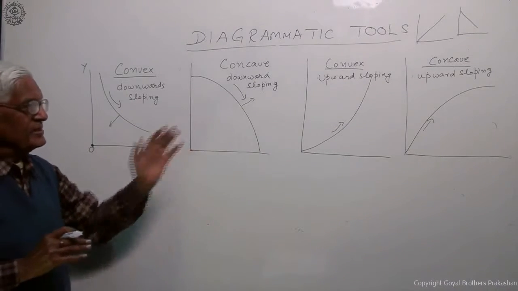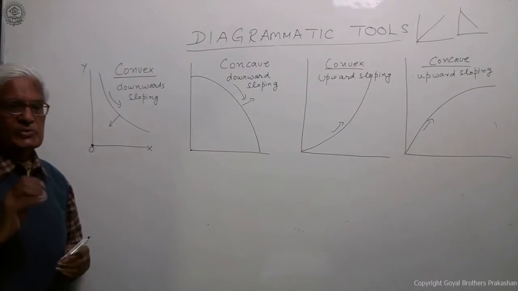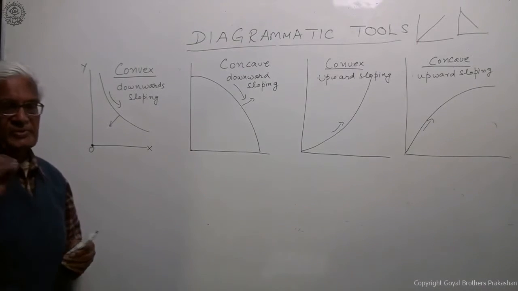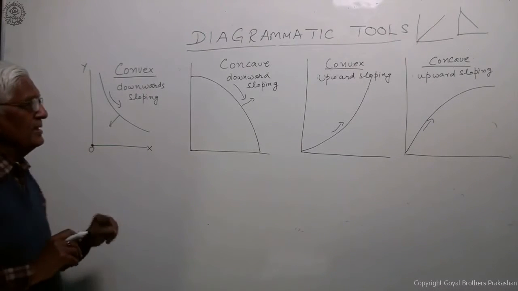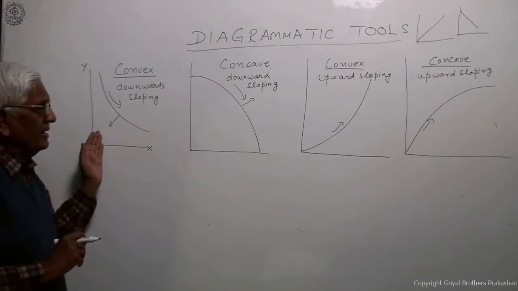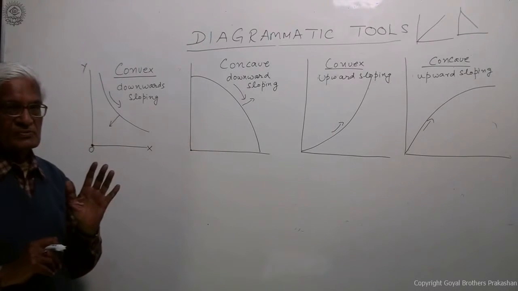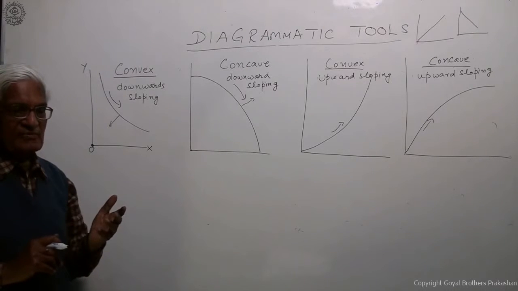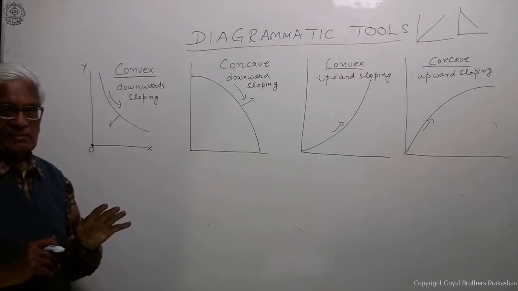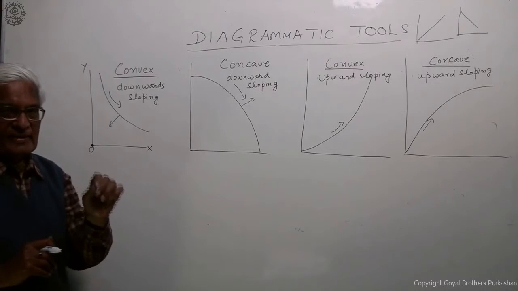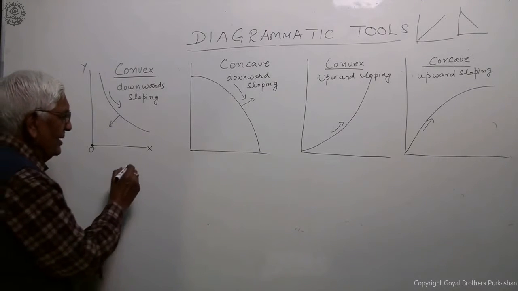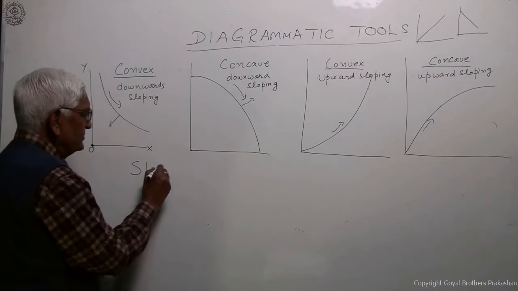These are four types of curves which are normally used in economics. Okay, we make a distinction among these curves in another way. For that, we have to be familiar with another concept, and that concept is slope.